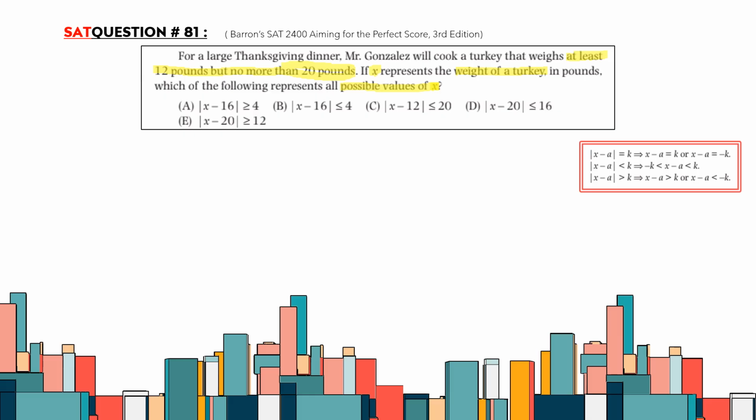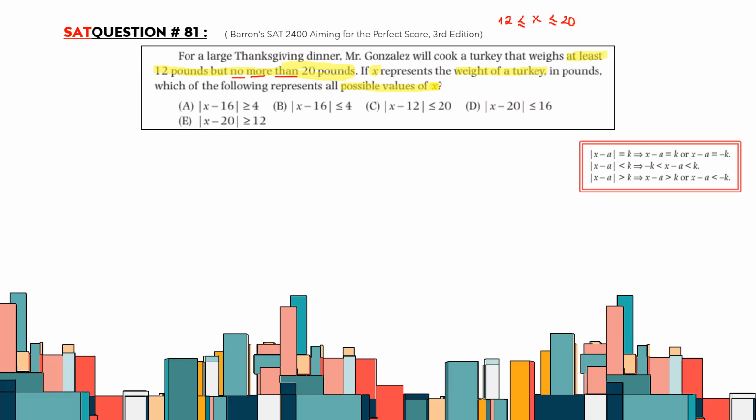The answer choice gives you the values that X will be within the interval. At least means the minimum is 12, and no more than 20 pounds means it can be equal to 20, right?